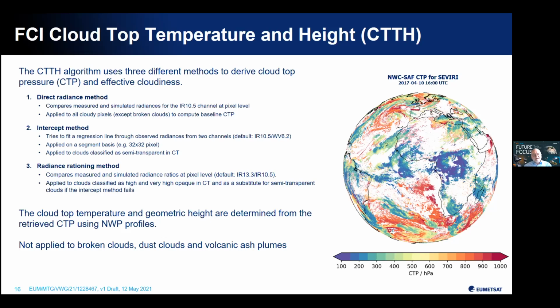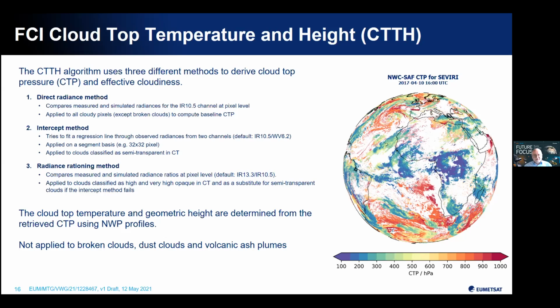Then we have the intercept method, which is applied over a segment and tries to fit observed and calculated radiances of 10.5 and 6.2 micron channels. These are applied to clouds classified as semi-transparent in the cloud type. And the third method is the radiance ratioing method, which compares, again, measured and simulated radiance ratios at pixel level.